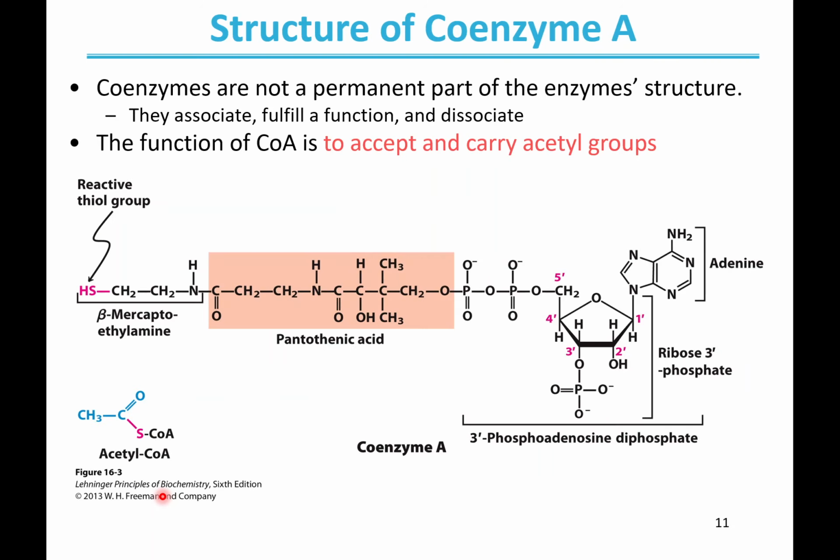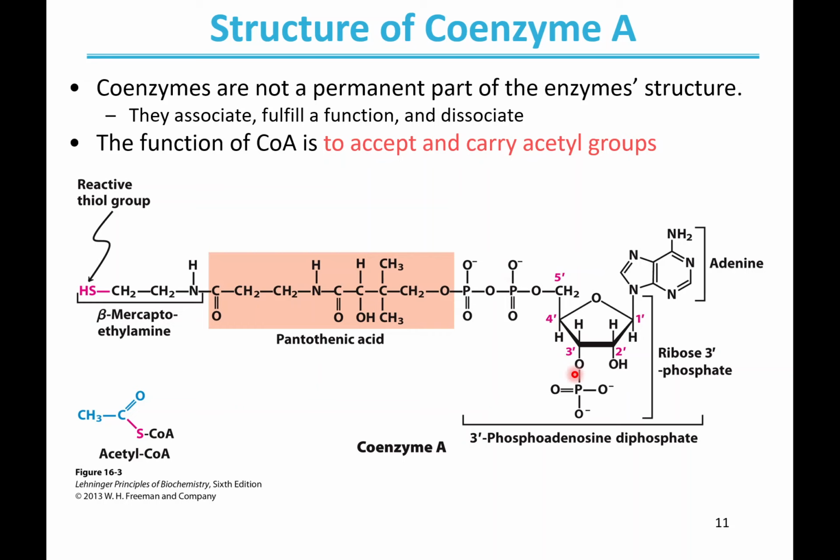So let's look at some of these cofactors in a little bit more detail. Coenzyme A is a very complicated structure. If you look at it, you have an adenine base here. You have ribose 3-phosphate, so you have a sugar that has a phosphate at the 3' position, and a couple phosphates.